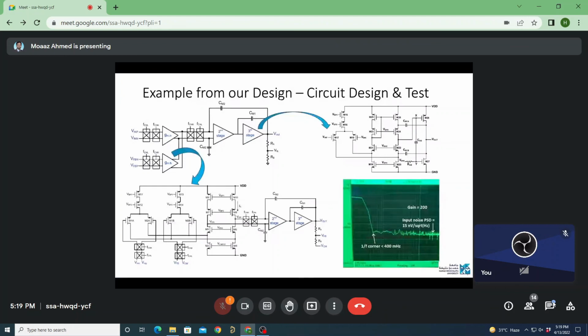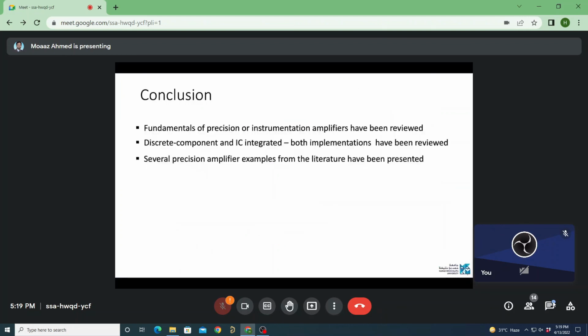So to conclude this talk, we went through the fundamentals of precision or instrumentation amplifiers. We discussed discrete components. For your breadboard design or your PCB design, you can build a 3 op-amp instrumentation amplifier simply by choosing off-the-shelf amplifiers, which inherently could have chopper stabilization or CDS operation within them.